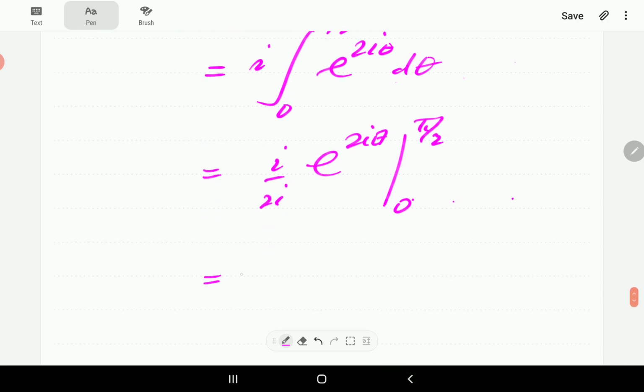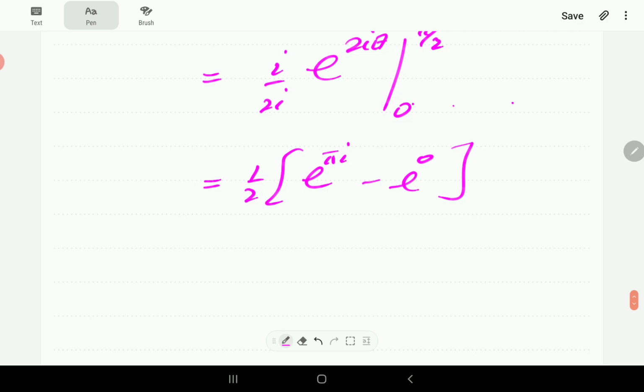So this is going to be 1 over 2 e to the 2I theta. If theta is pi on 2, it's just going to be pi I, and then e to the 0. Now e to the pi I is negative 1, so this thing is just going to be negative 1. It's negative 2 over 2.